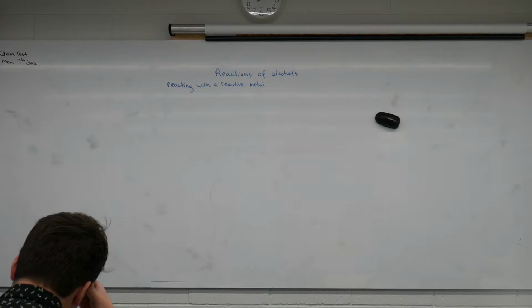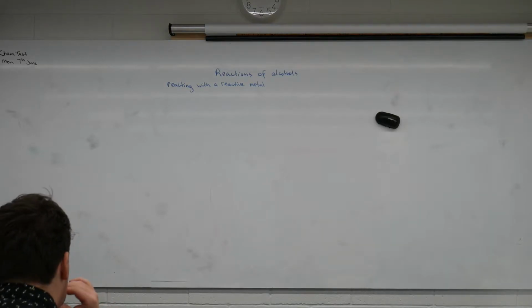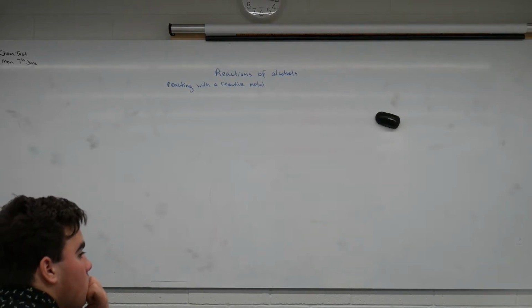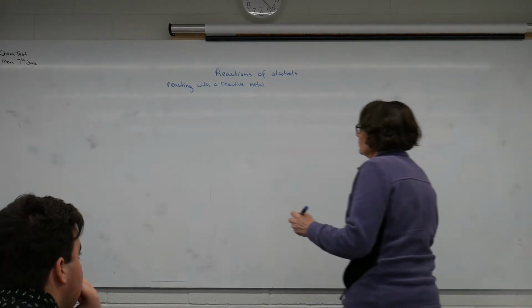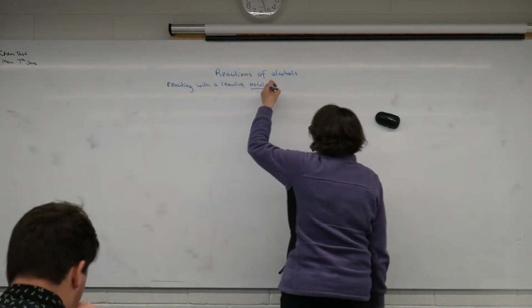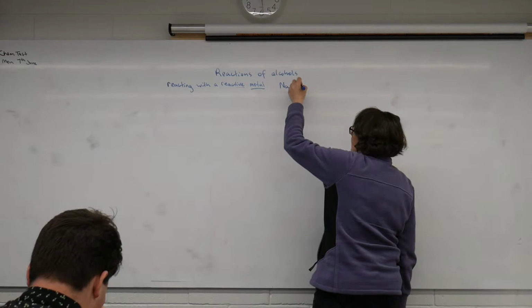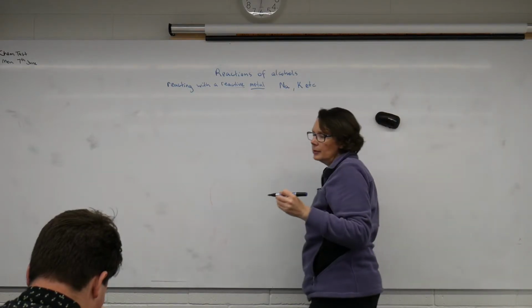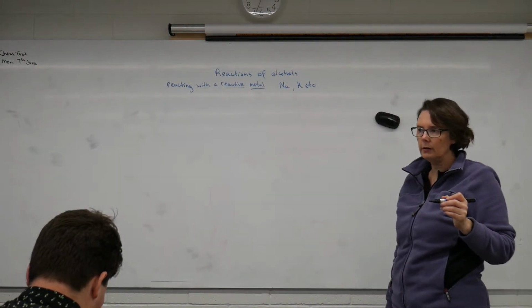So let's start by thinking about how we can react a reactive metal. What do we know about what happens with water? What happens if I put a reactive metal, and here I'm talking about something like sodium or potassium, into water?